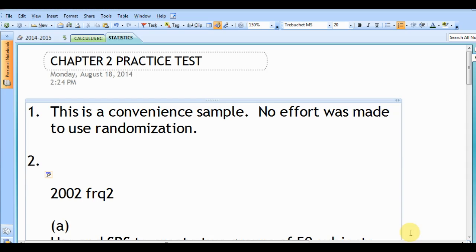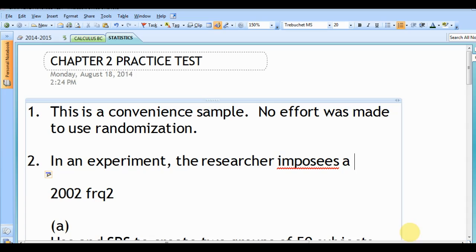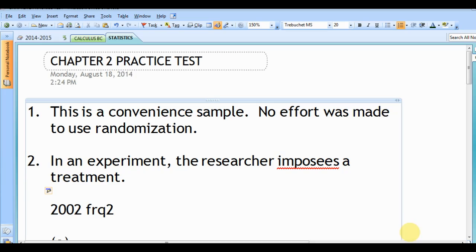Yeah, that's true. So, an experiment imposes. There we go. Let's say you're showing a video on a TV and you're observing the people's reactions.